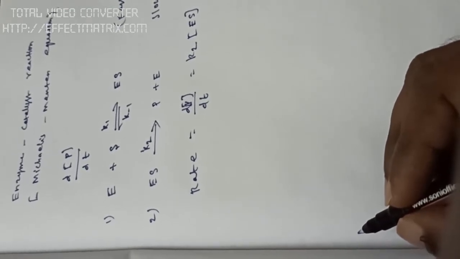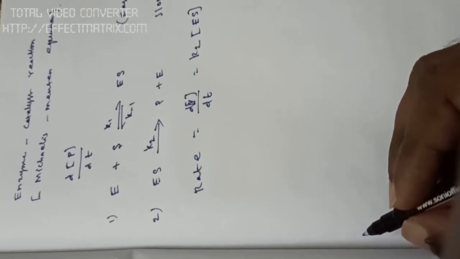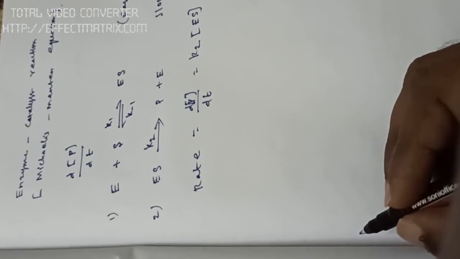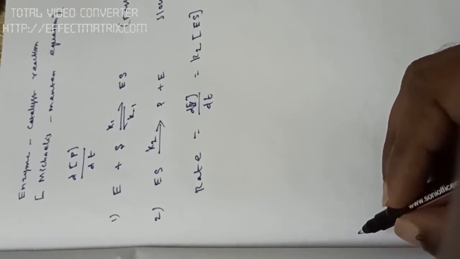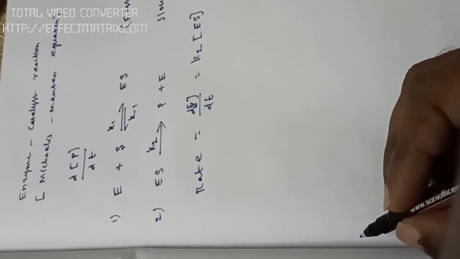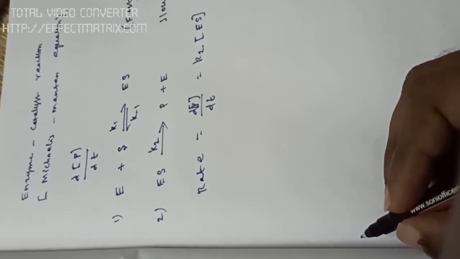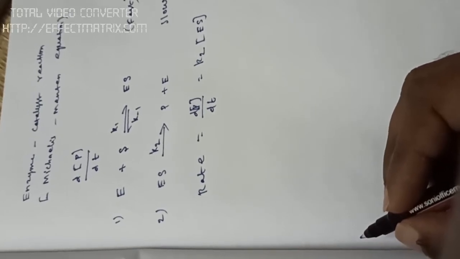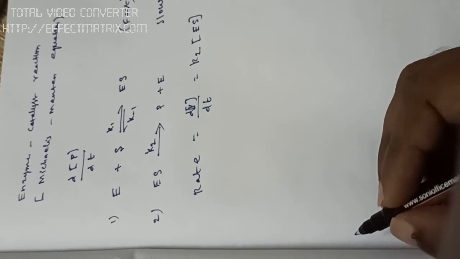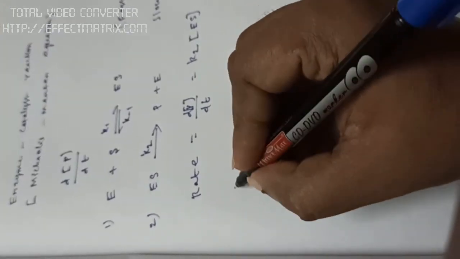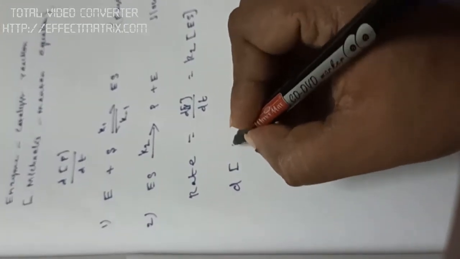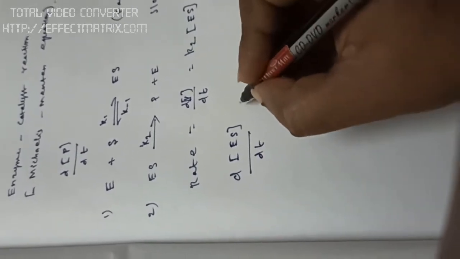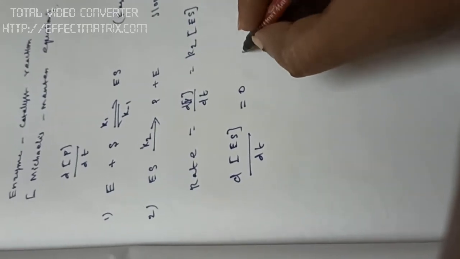So we can apply the steady state approximation to the enzyme substrate complex. The steady state approximation states that the rate of forward reaction is exactly equivalent to the rate of reverse reaction for the intermediate substance. We can denote it mathematically as follows. Equation 2.